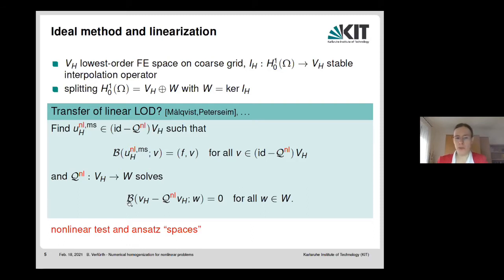But now I want to recall to you that in our case, this calligraphic B here was nonlinear in the first argument. So this automatically means that this operator Q is a nonlinear operator. This also entails that this multiscale space is not a typical linear vector subspace, but some nonlinear object. All in all, this transfer from the linear LOD has several drawbacks.